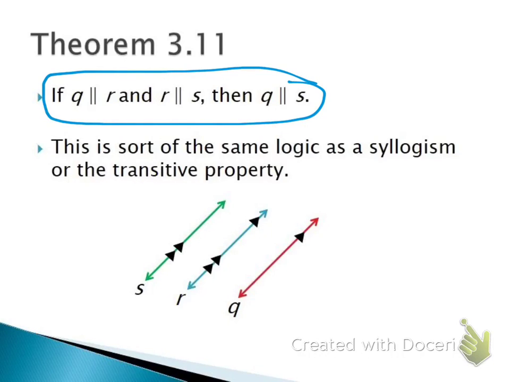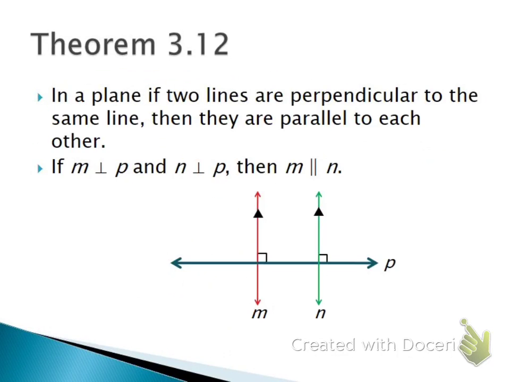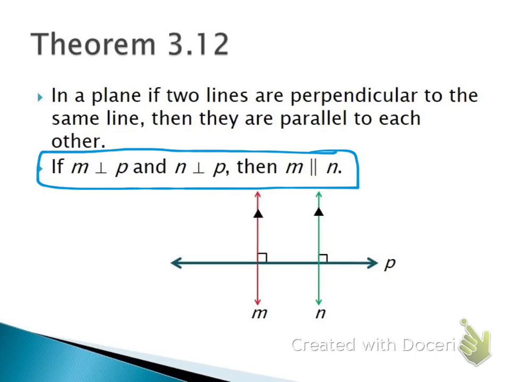Right, the transitive property was when we had things equal to each other, but here we see kind of the same idea. Make sure you get this if-then statement in there for the theorem and the diagram that goes along with it. All right, our next one, again, I'm fine if you just have the shortened version of it with the symbols, but you have to have the diagram to go along with it.